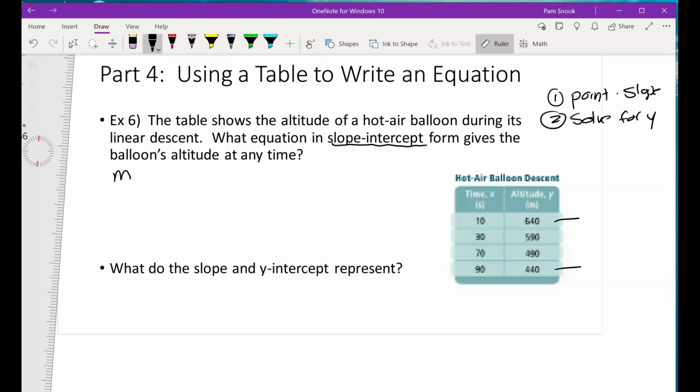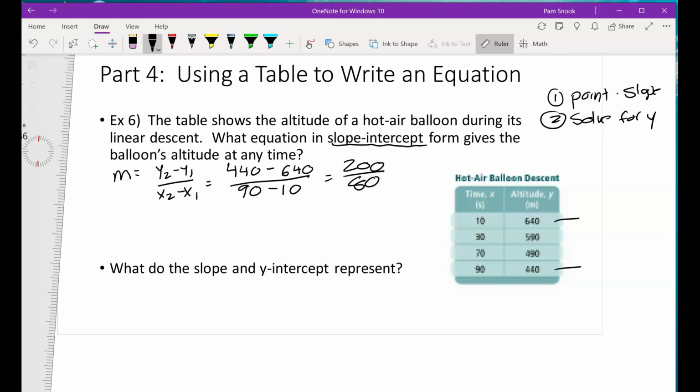So I'm going to do slope equals y2 minus y1 over x2 minus x1. y2 is going to be 440 minus 640 as y1. x2 is then 90, and x1 is 10. So I get negative 200 over 80.